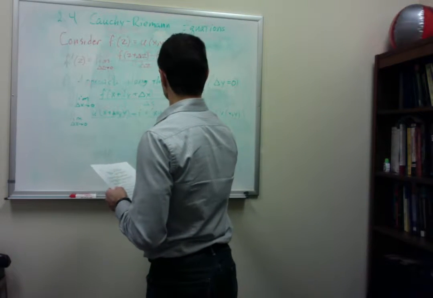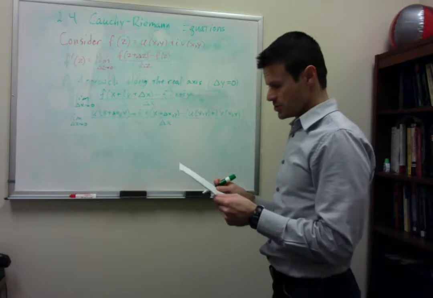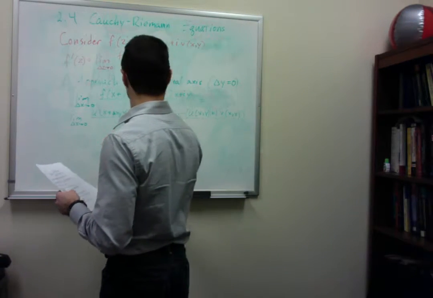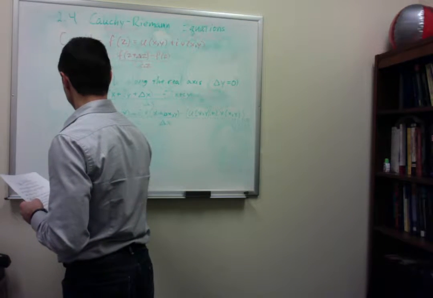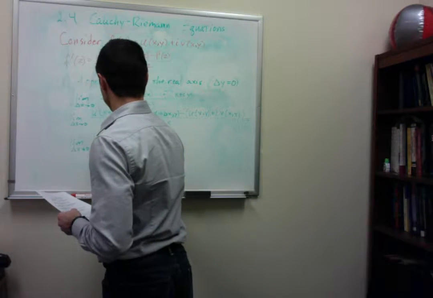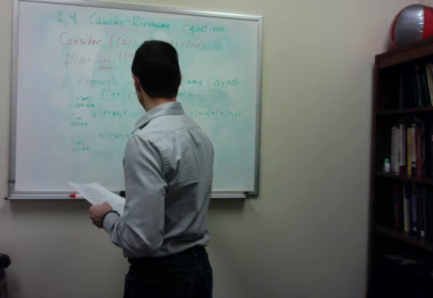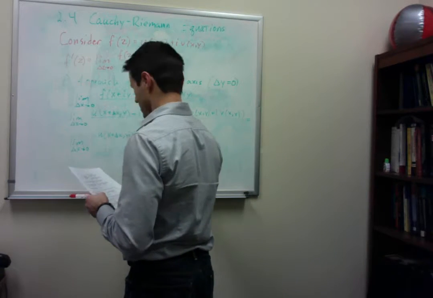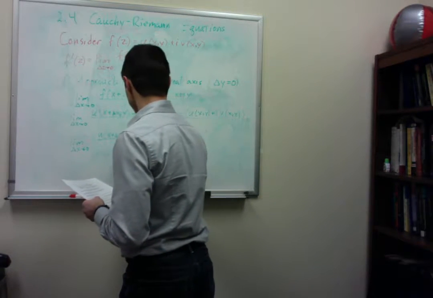What we're going to do is split this up into real part and imaginary part. So our next line is the limit as delta x goes to 0 of u of x plus delta x, y minus u of x, y, and this is all over delta x.